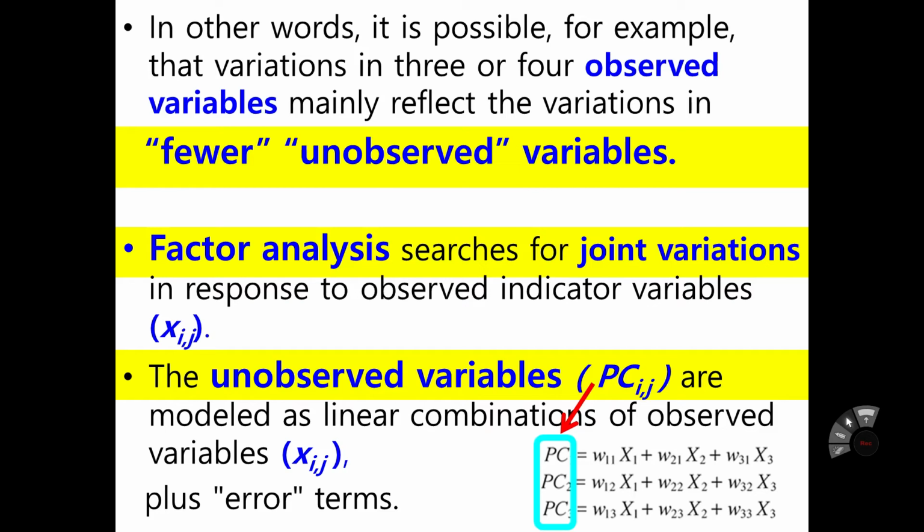The unobserved variables, sometimes called principal components, are modeled as linear combinations of observed variables xij plus error terms. So as you can see, we now have 3 observed variables x1, x2, x3. Utilizing that information, we are going to select latent, sometimes called unobserved, principal components.